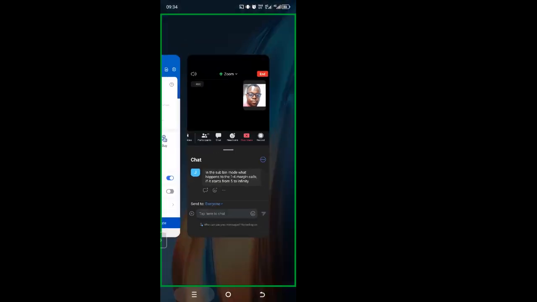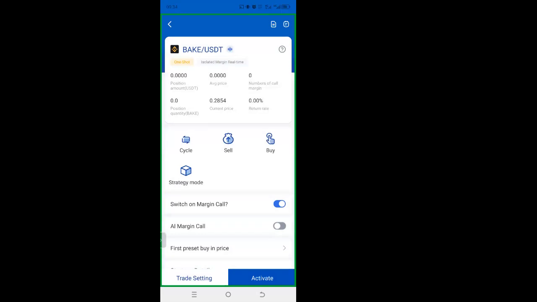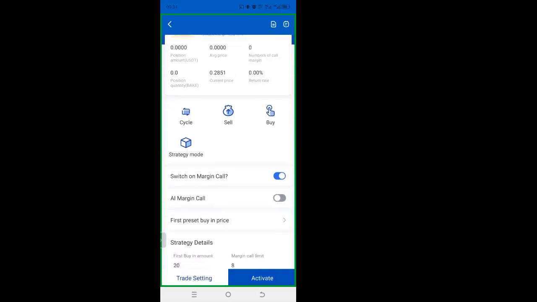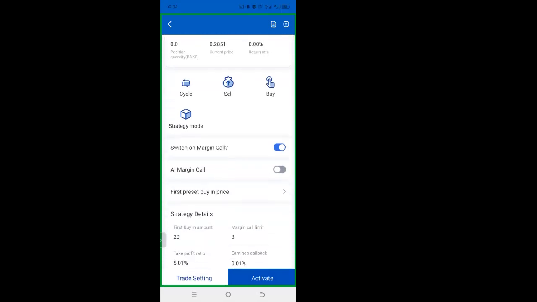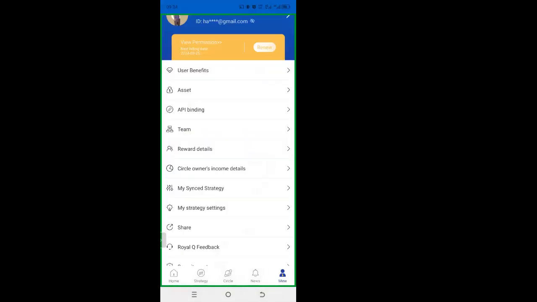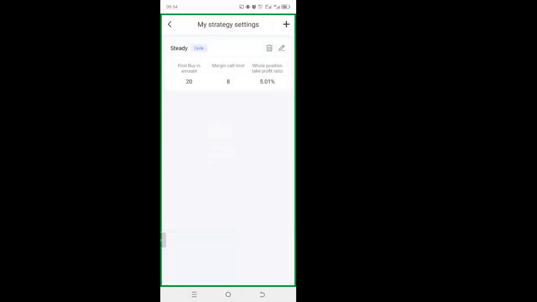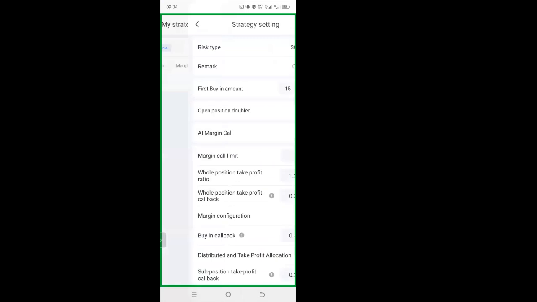Now, assuming you have a capital of 1,000, someone is asking which strategy should I use there? We're adding more strategy here for 1,000.